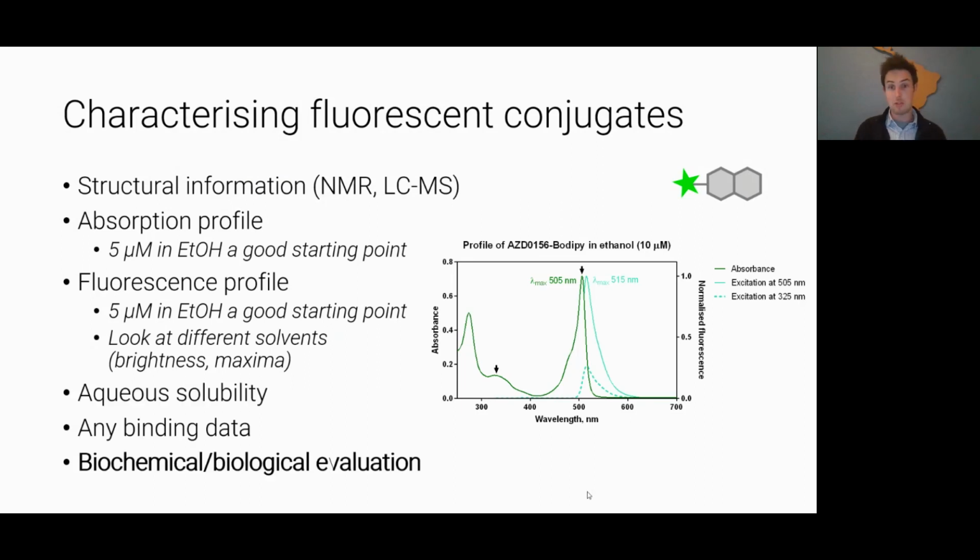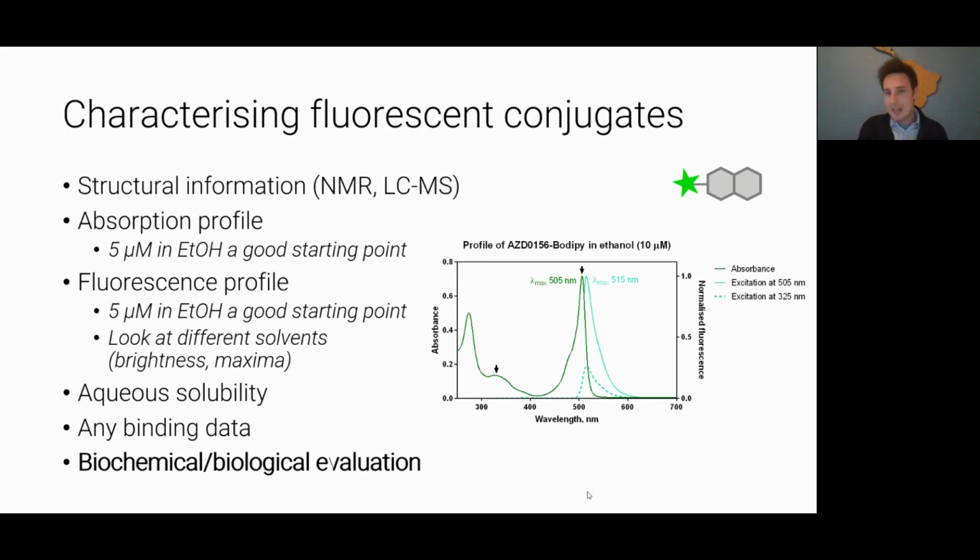And then you also probably want to evaluate its solubility, and importantly, any binding data, especially any biochemical or biological evaluation you can do. And this is so crucial because once you've now introduced a fluorophore onto your molecule of interest, it could change the physicochemical properties of that molecule quite significantly.